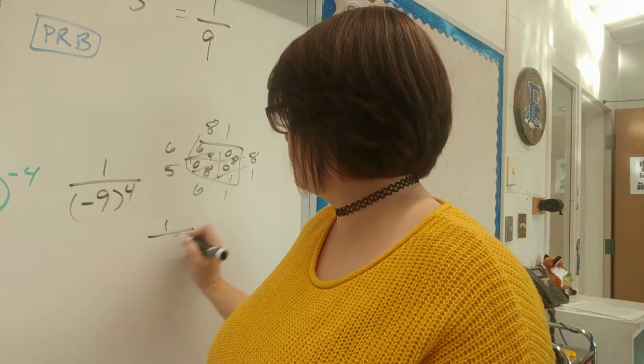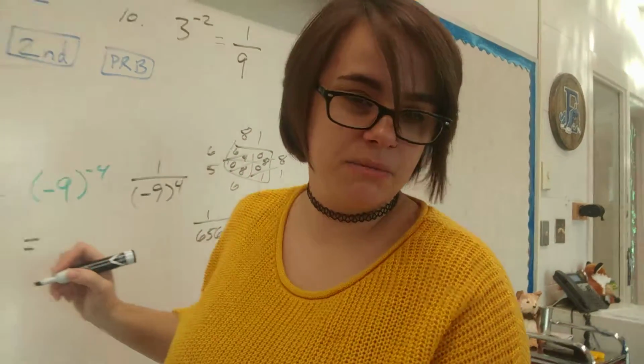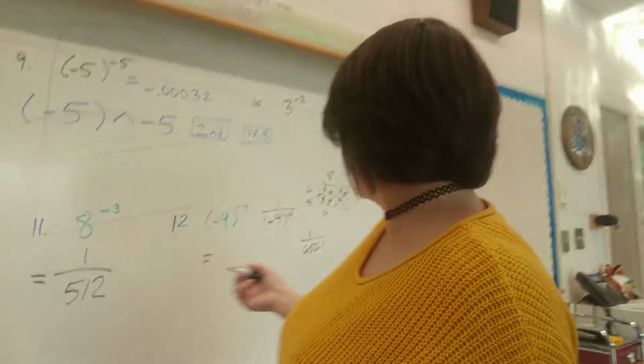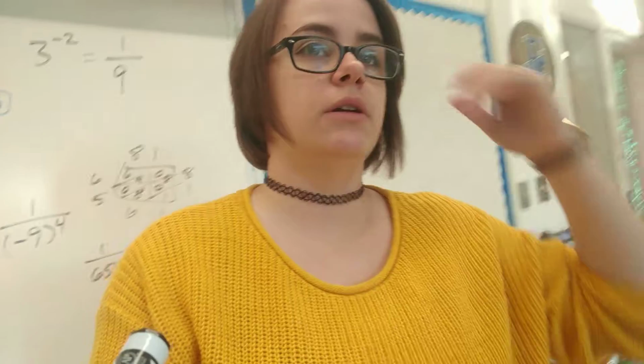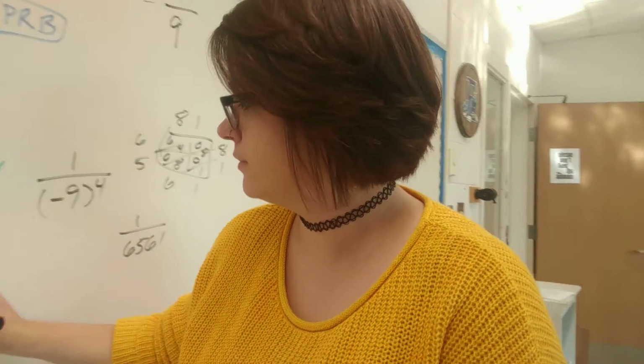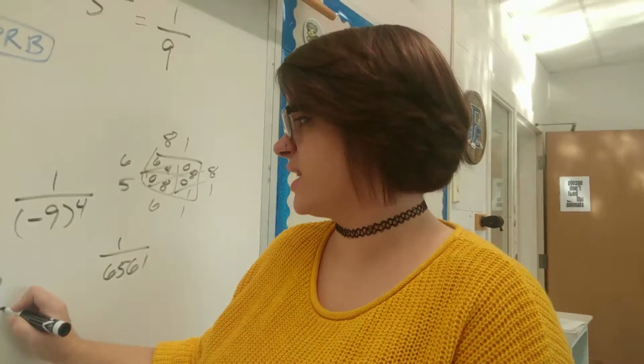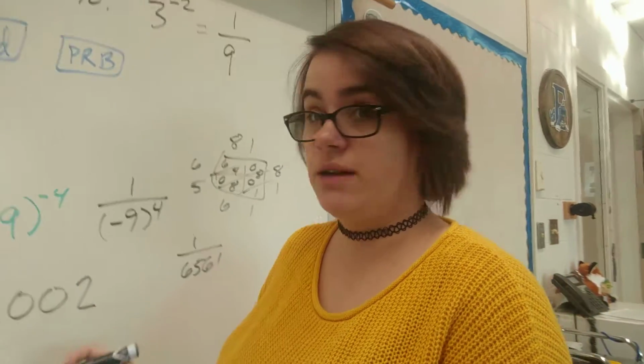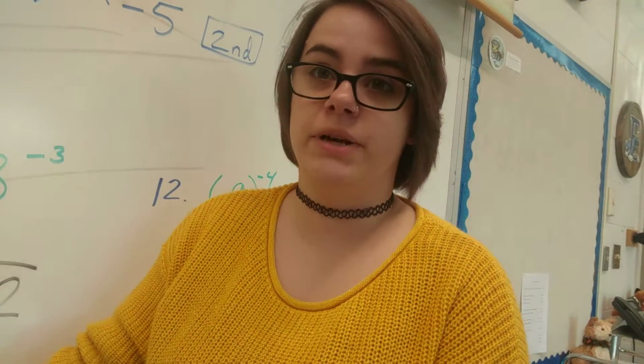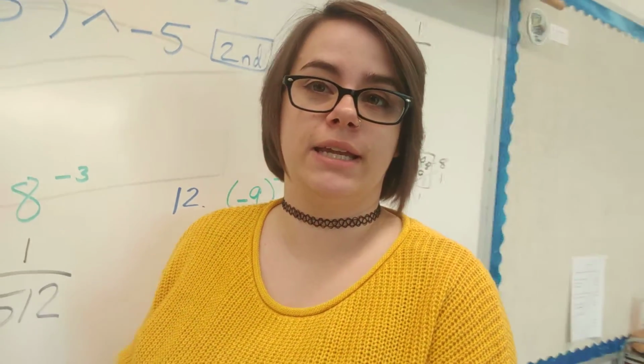So that's going to be like 1/6561, maybe? I don't know. Oh yeah, it is. What is that as a decimal? Real small. Yeah. 0.002. That sounds right. I don't have a calculator in front of me, but yeah, it's a really tiny number.